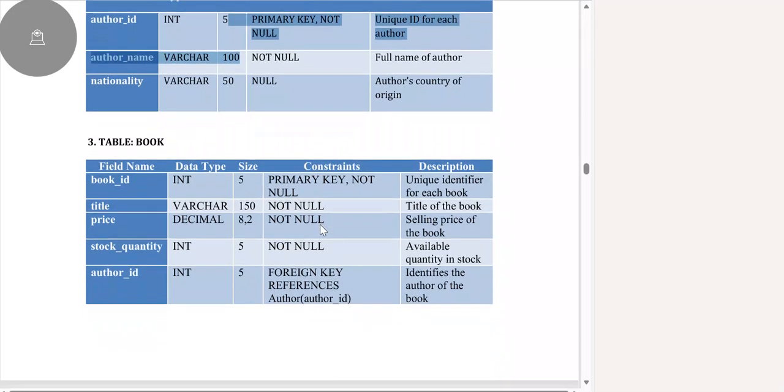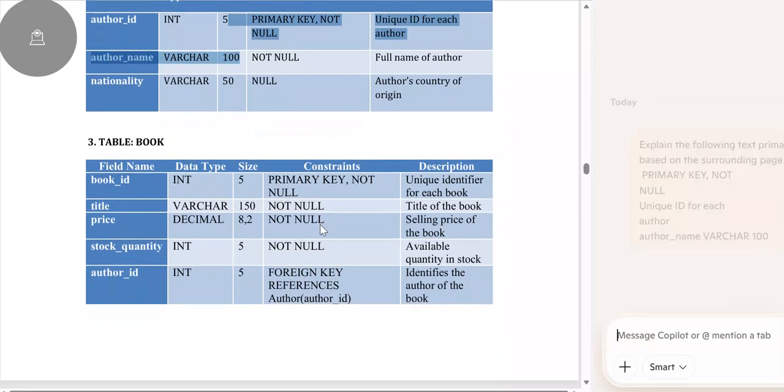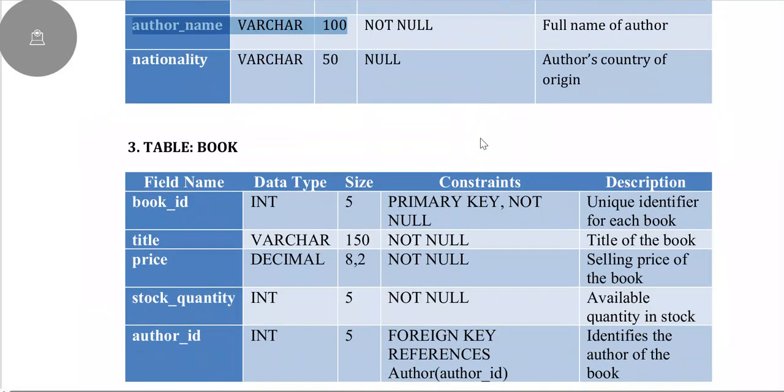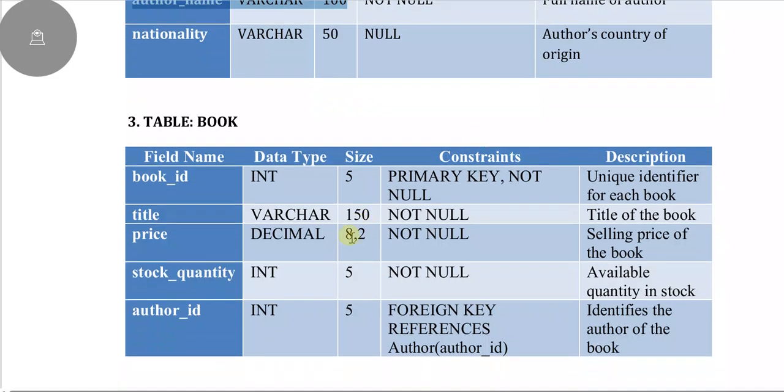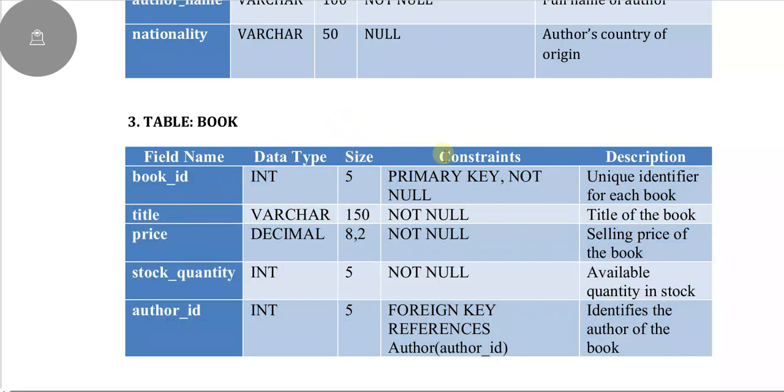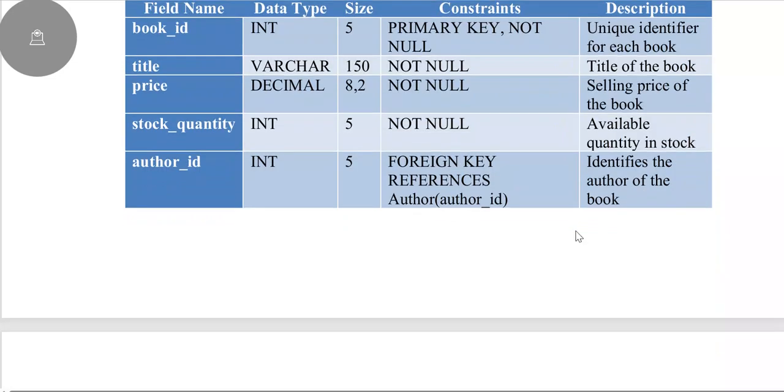And also here we have the table called books. These books contain book ID, title, price, stock, author ID, and as you can see, this is the type of this table: size, constraint, description.